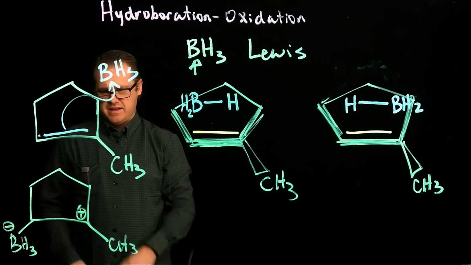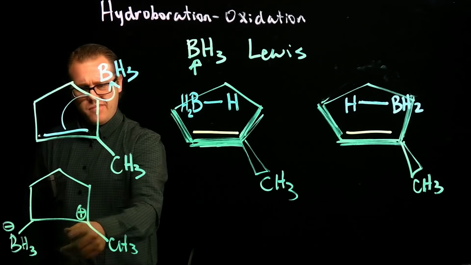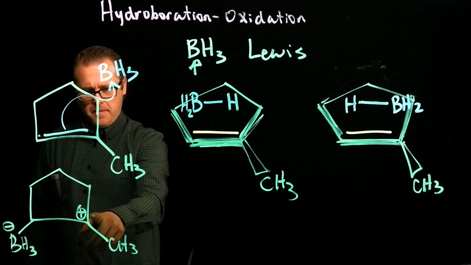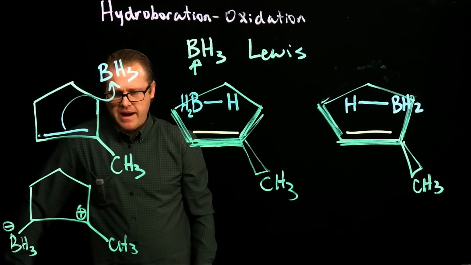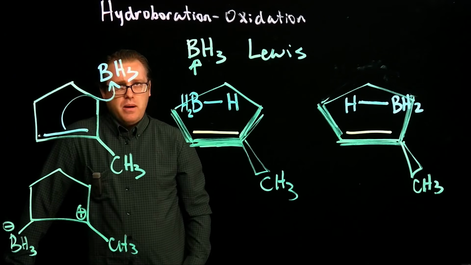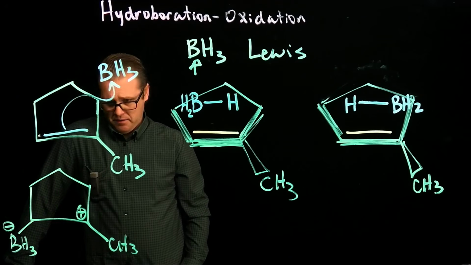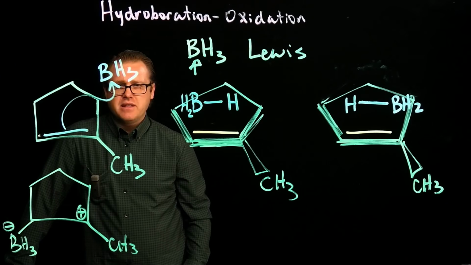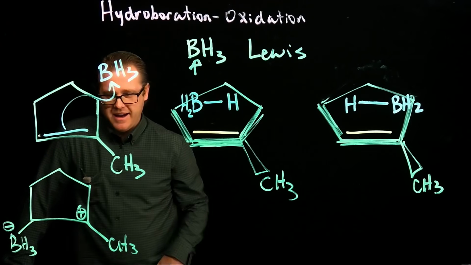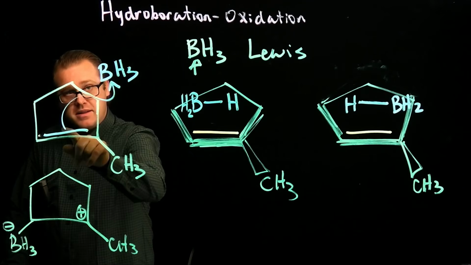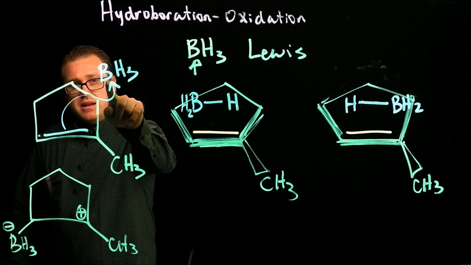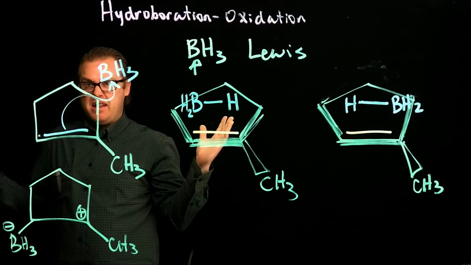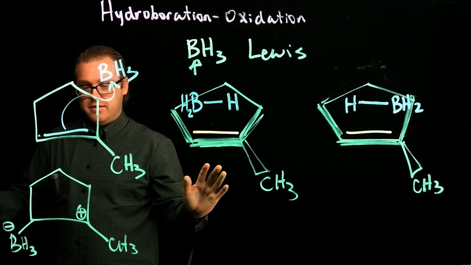If that's the case, we generate a carbocation, right? And then we can start having rearrangements. But hydroboration-oxidation doesn't do any rearrangement. So this isn't right. And the reason why this isn't right is because, like I said, the moment the boron atom accepts 2 more electrons to have an octet, it's like, I hate this. No, I don't want it.